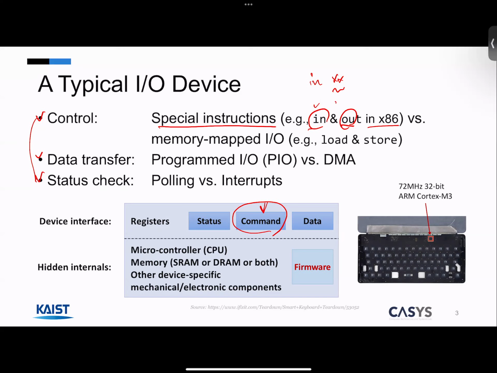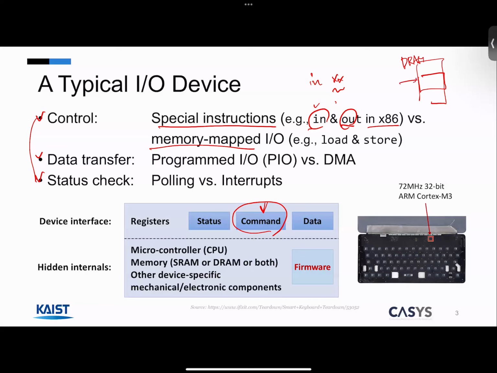The other approach is memory mapped I/O. Memory mapped I/O is the more popular way to access a device, where some memory region is reserved to access the device.